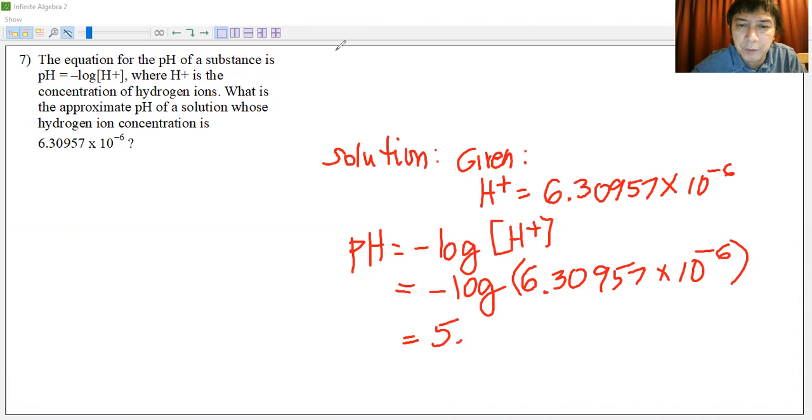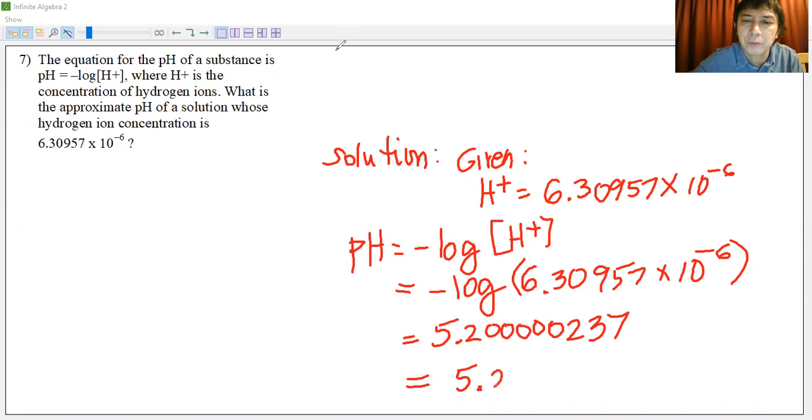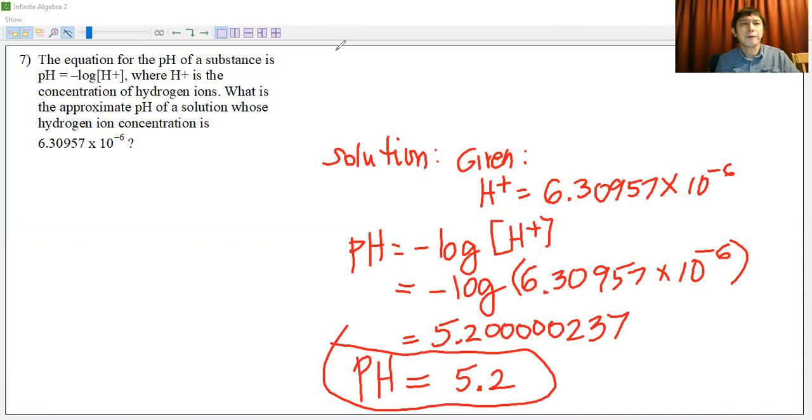This is 5.200, that's 5 zeros followed by 237. Okay, we can just round this to 5.2. This is our approximate pH there. All right, so that should be for our number 7.